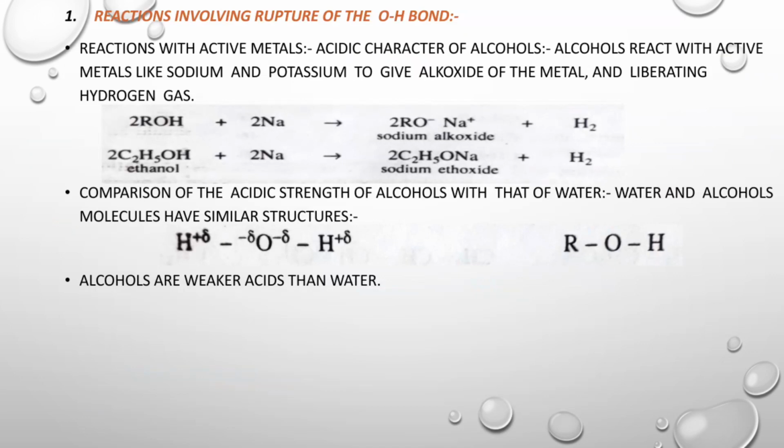So this decreases the polarity of the oxygen-hydrogen bond and breaking of the OH bond becomes difficult. So alcohols are weaker acids than water, because as we know, the definition of an acid is to release a hydrogen ion in water.